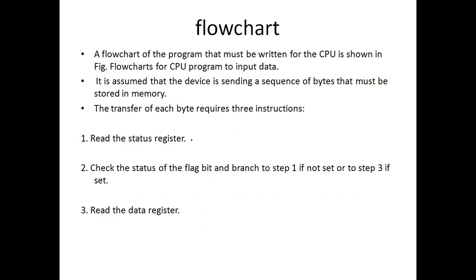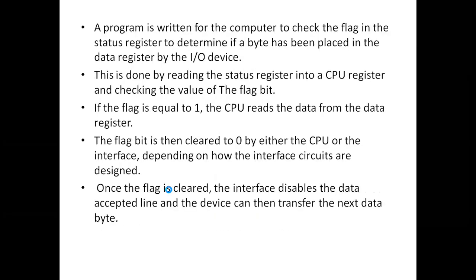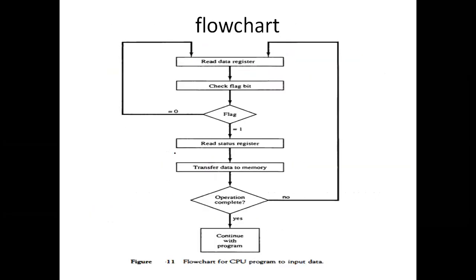What are the instructions? We have to read the status register, check the status flag, and branch to step 1 if not ready. Otherwise, we go to step 3 and read the data register. Whatever I have explained in the diagram is represented in this flowchart.